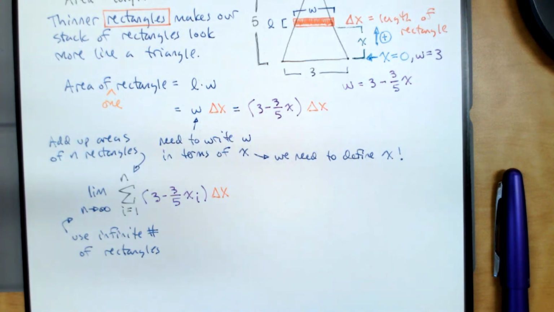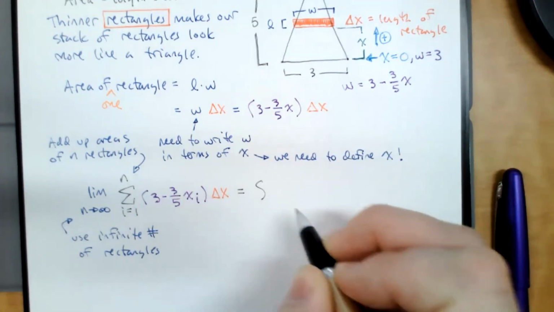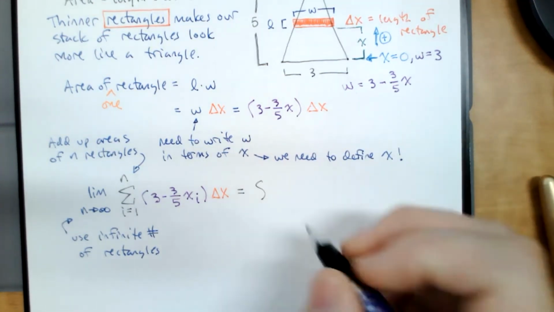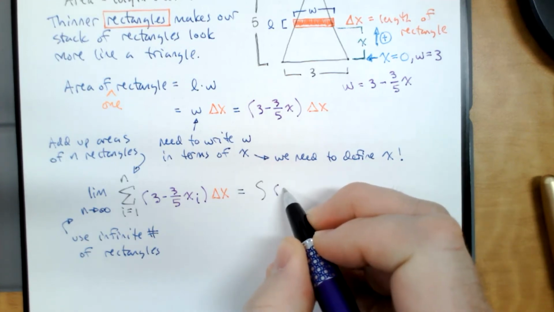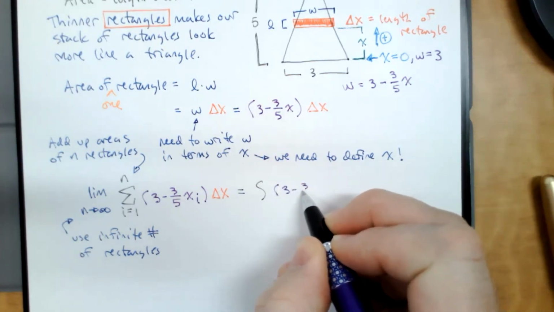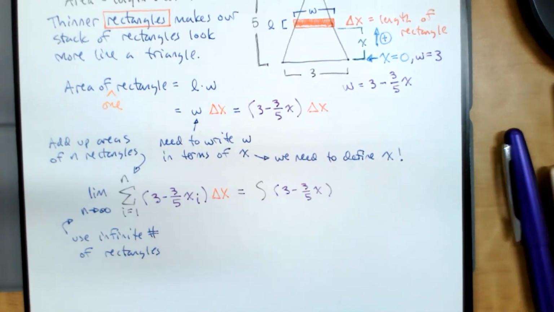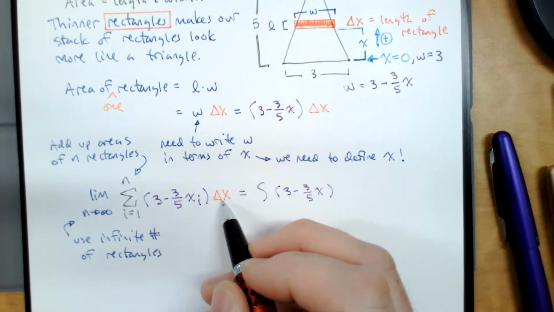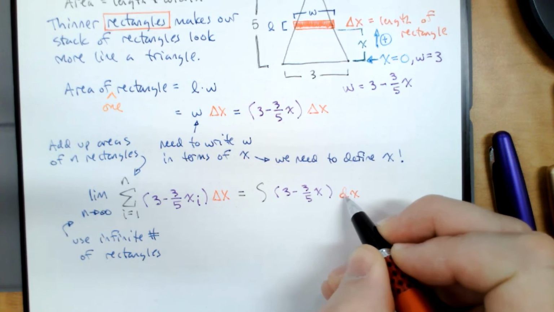We make a Riemann sum. And then we end up with our integral, no longer subscripted because it's a continuous variable now. So instead of my discrete delta x, I have a continuous dx.